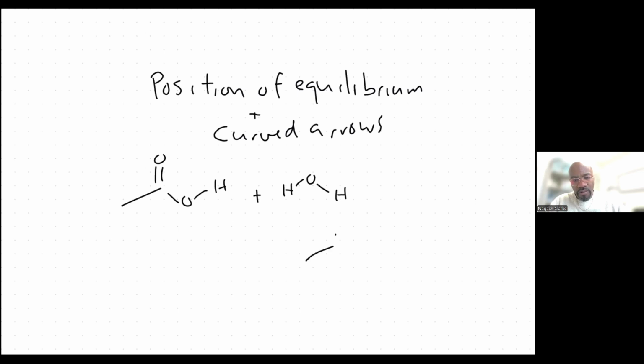The thought is we're going to lose the proton in acetic acid and form hydronium. So we're going to see, is this a favorable reaction?